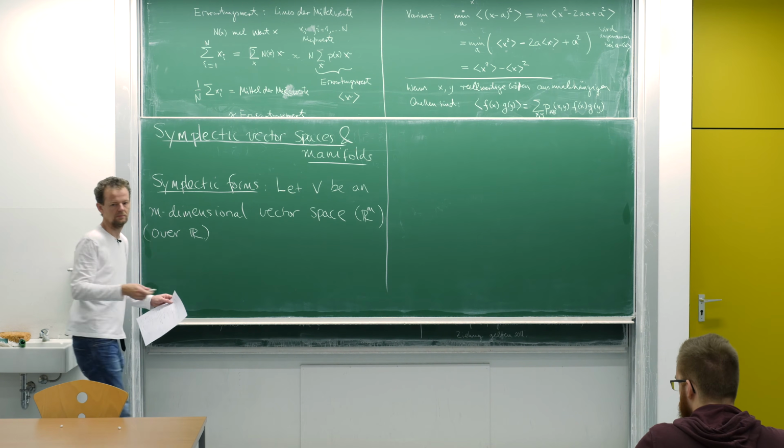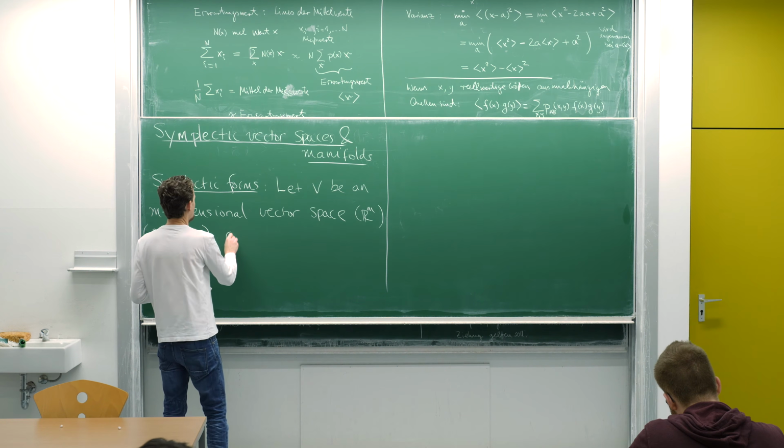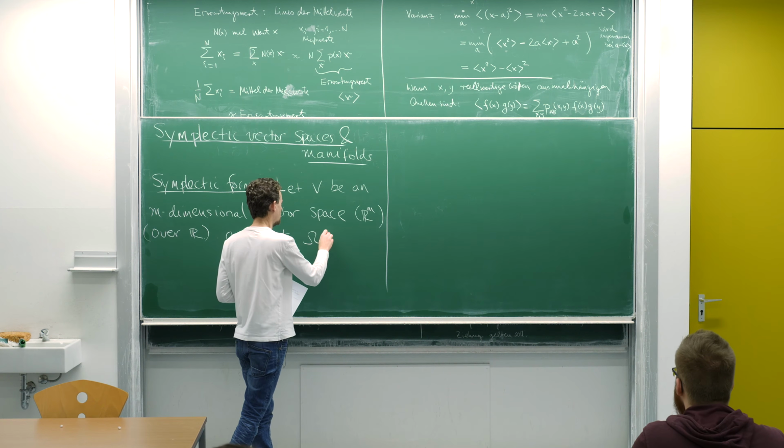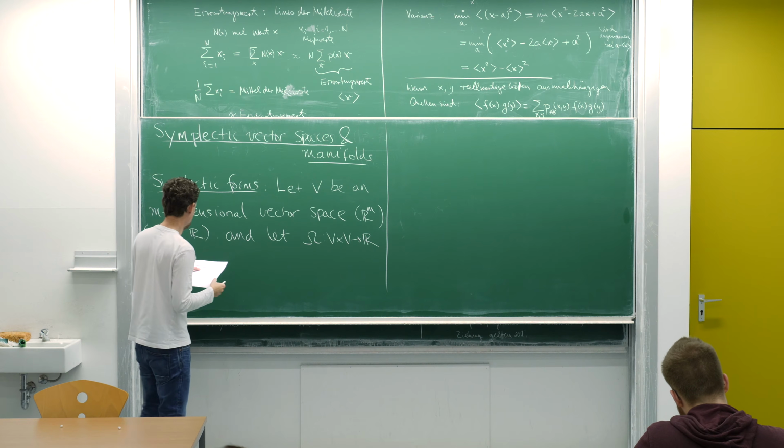So it's a real vector space, and let omega be a bilinear map.